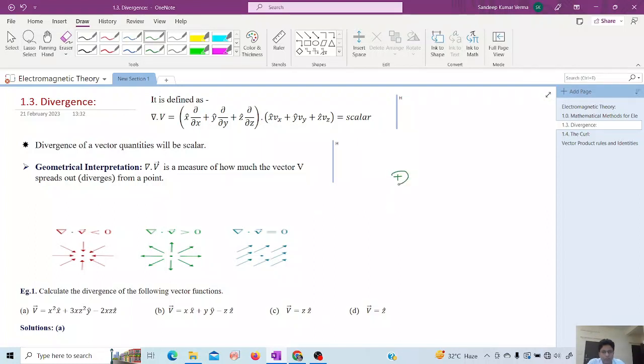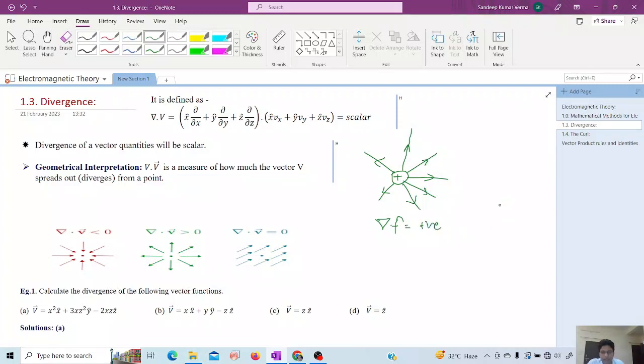Here, suppose we have a positive charge, and we know that the electric lines come out from the positive charge. So we can see like this in any book of electromagnetic theory. Here the electric lines are diverged, so the divergence is positive if electric lines are divergent.